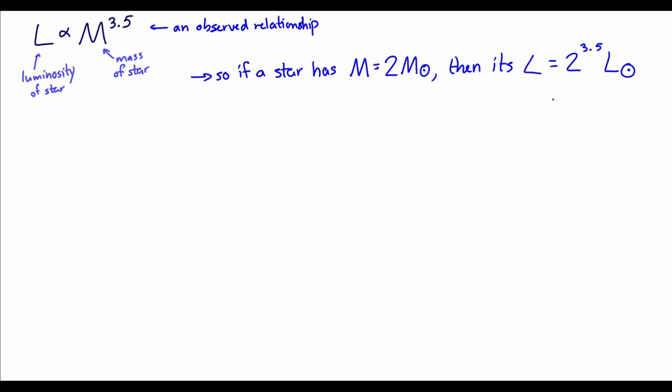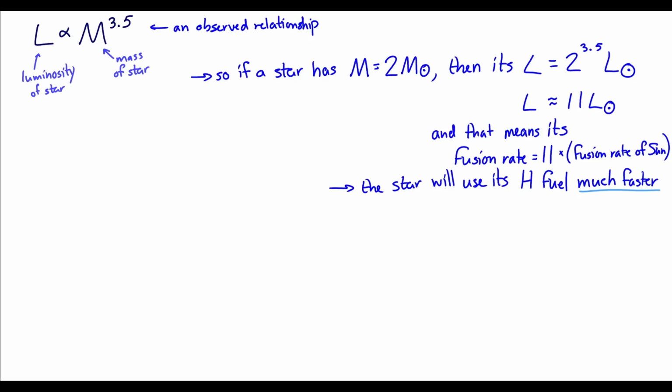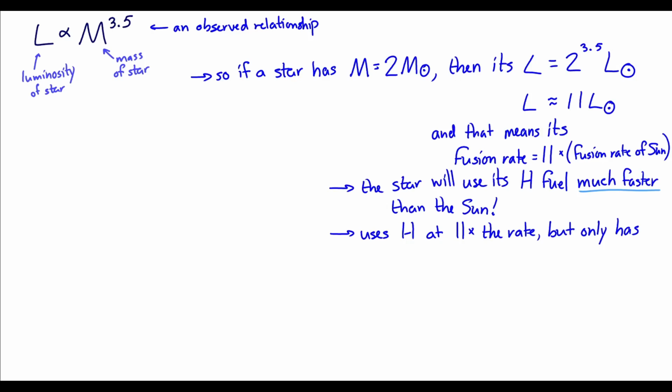In other words, about 11 times the luminosity of the sun. So that means its fusion rate has to be about 11 times as great, and so it's going to use up its hydrogen fuel much faster. So it has 11 times the fusion rate, but only twice the mass of the sun. So it's going to use up its fuel much more quickly than the sun would.